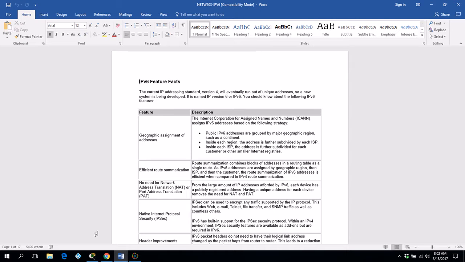IPv4 had a 32-bit number, and 2 to the 32 is approximately 4 billion addresses, and not even close to 4 billion addresses are being used for the public to communicate with each other. If you remember IP addressing worksheet number 3, we talked about the IPv4 classes, the 3 classes A, B, and C, and we were limited to a few million addresses. But now everyone needs an IP address.